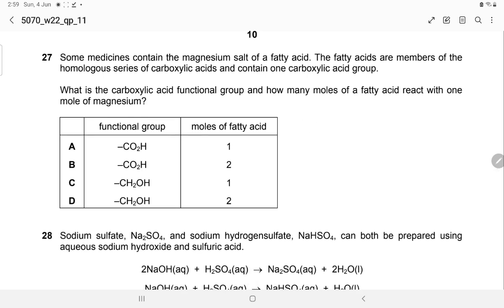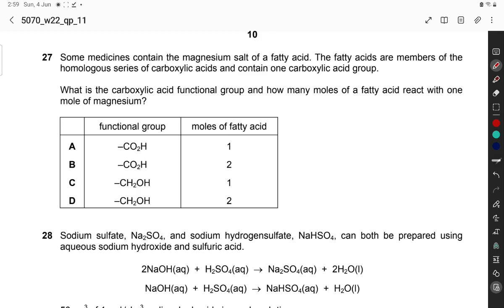So CO2H is the functional group. This is the correct functional group.